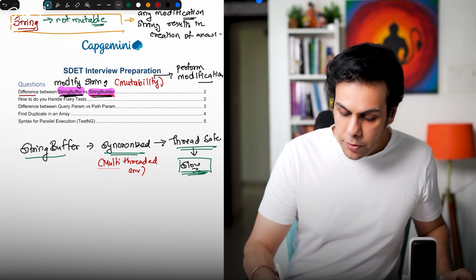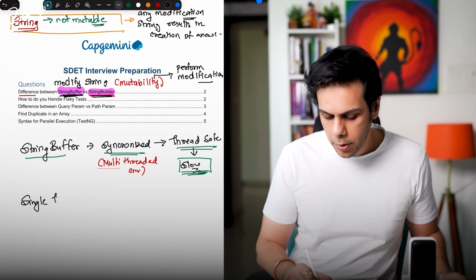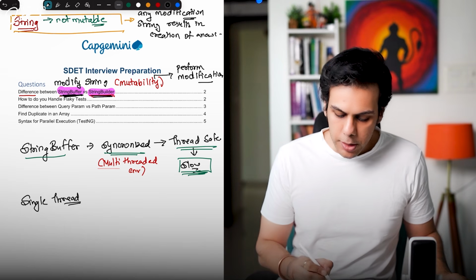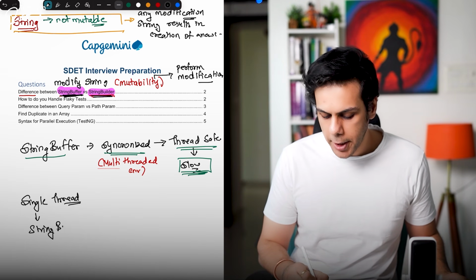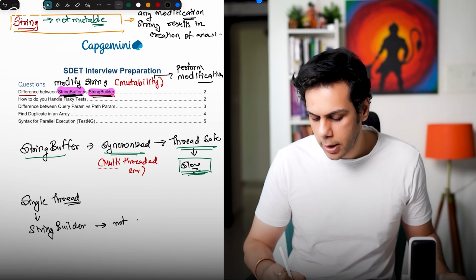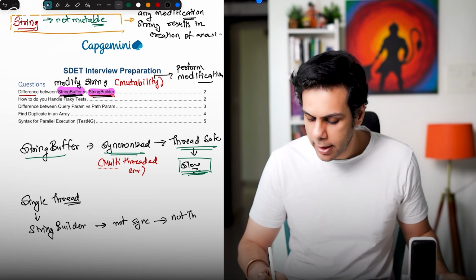But if you are going to have a single-threaded application, then you should be using string builder for modification, because it is not synchronized, and that's the reason it is not thread safe.